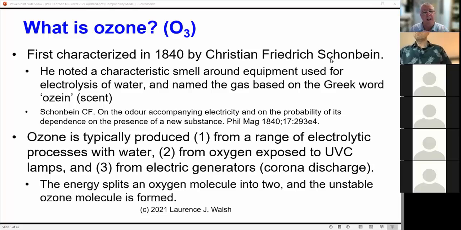We can create it by electrolyzing water, putting electrical current through water at a voltage above 1.23 volts with a special type of catalyst, for example, a platinum electrode. We can electrolyze water very successfully. We can take oxygen and expose it to UVC light, which is done with special ultraviolet lamps.